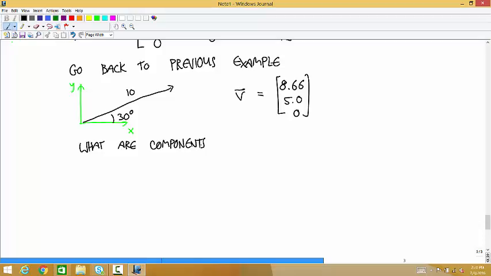What are the components in the rotated coordinate system, where this angle is 30 degrees?